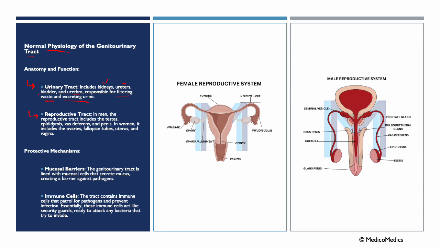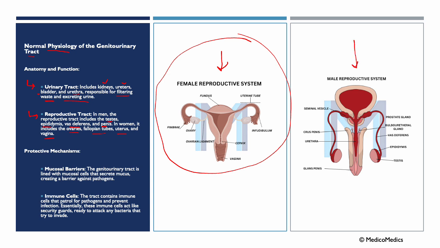In men, the reproductive tract includes the testes, the epididymis, the vas deferens, and the penis. In women, it includes the ovaries, fallopian tubes, uterus, and vagina. And you have here an illustration of the female reproductive system, and here the male reproductive system. We can identify several important anatomic marks here.